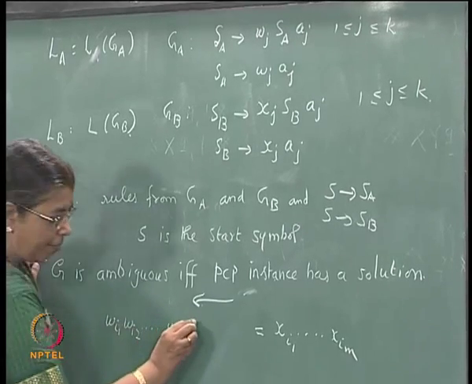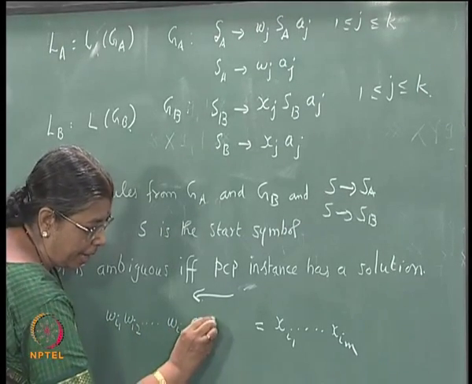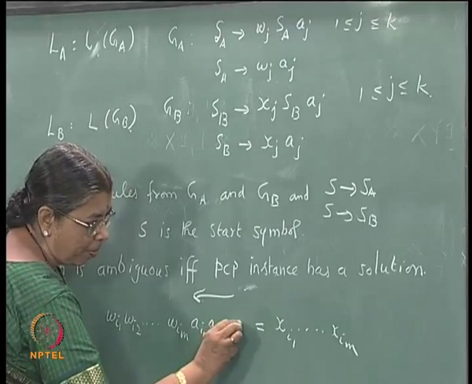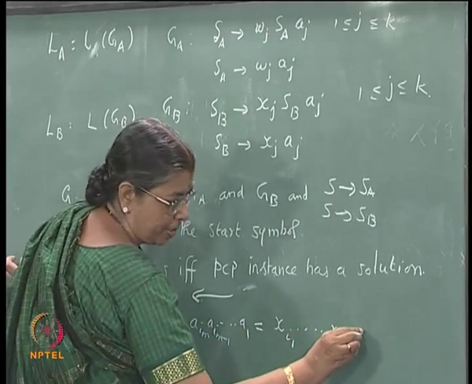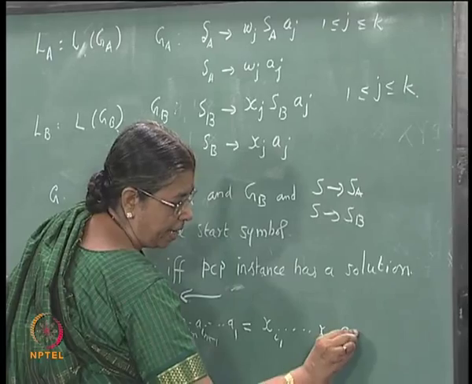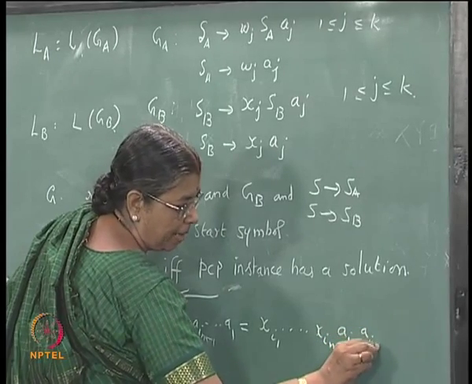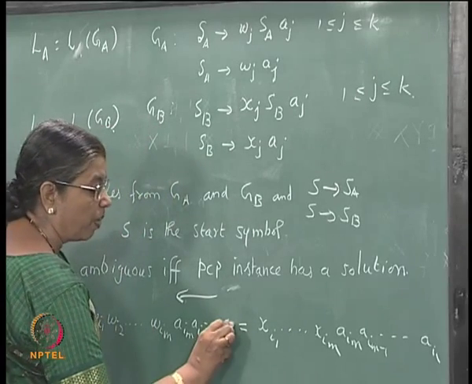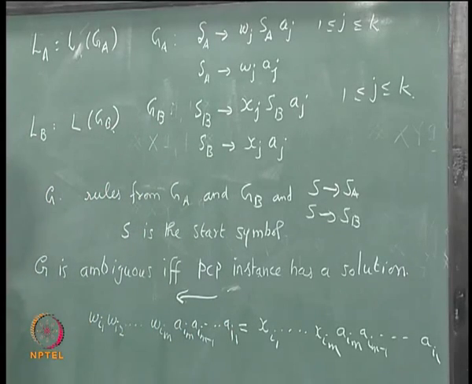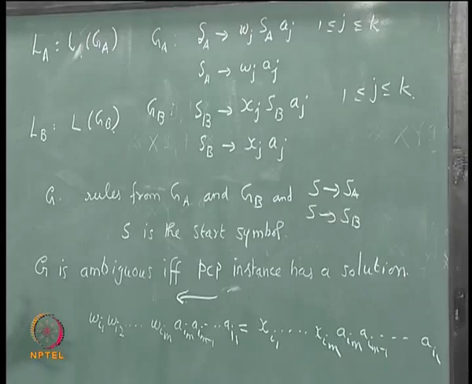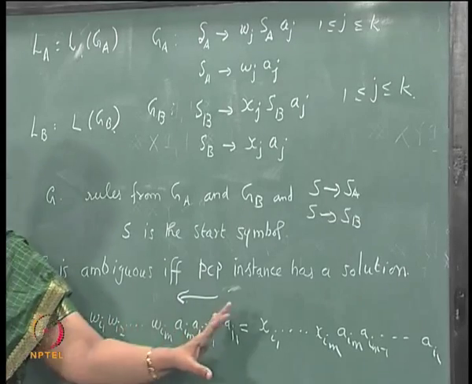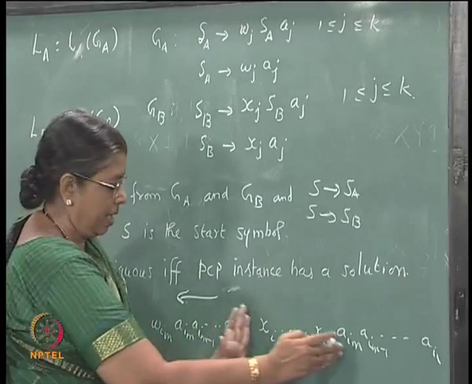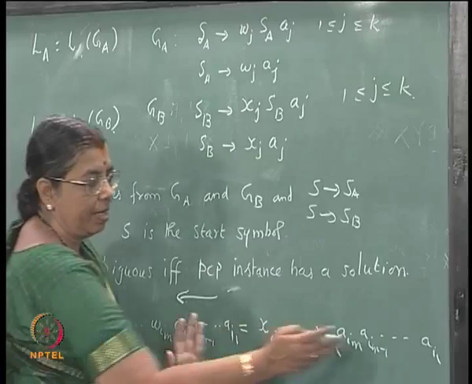Then concatenate with Aim, Aim minus 1, up to Ai1. Here also use the same string Aim, Aim minus 1, up to Ai1. This is equal to this, and this is the same string.